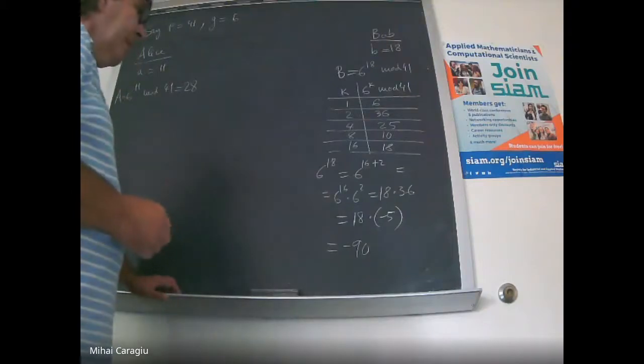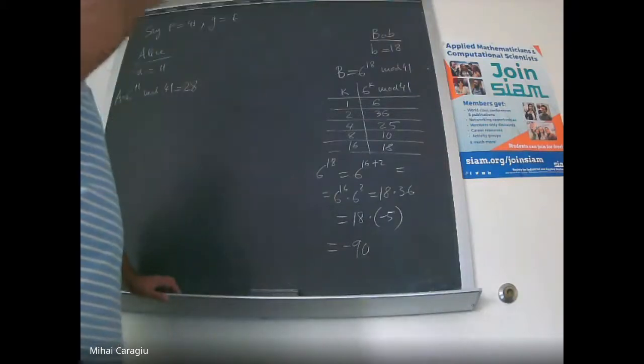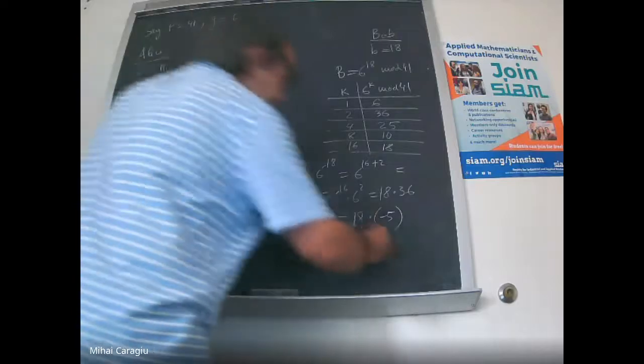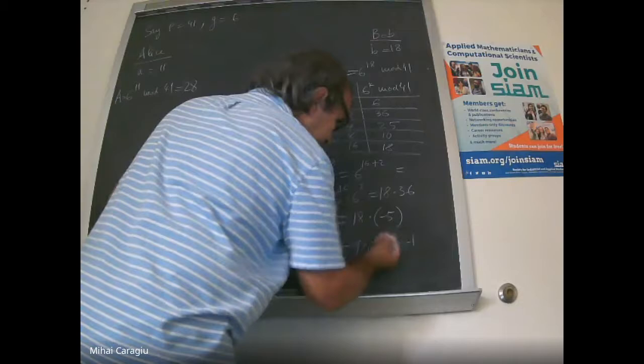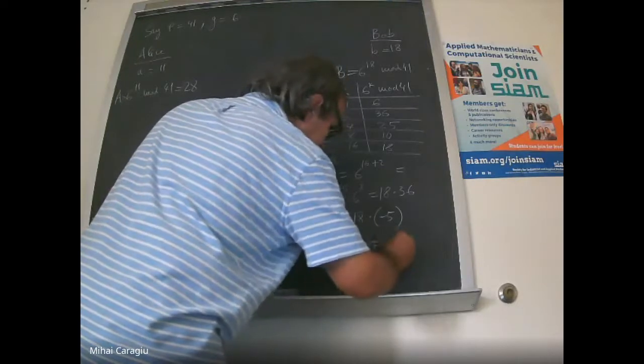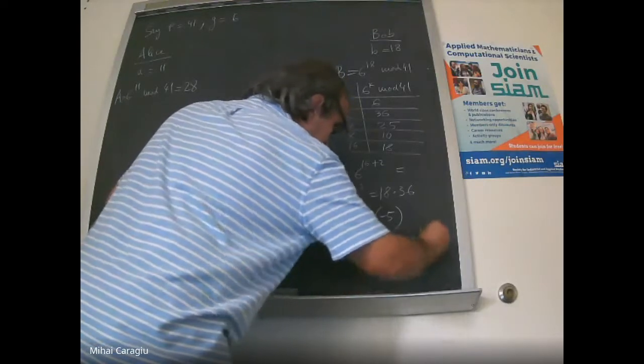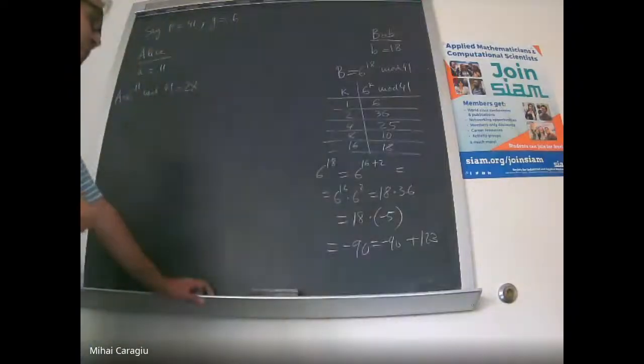Minus 90. Okay, so let's make a negative-looking number positive-looking. So it will be minus 90 plus 123, because 123 is 41 times 3, that means 0 mod 41, so this will be 33.